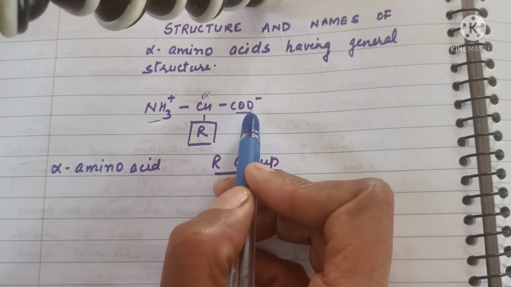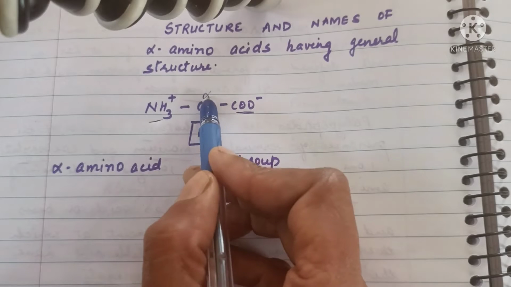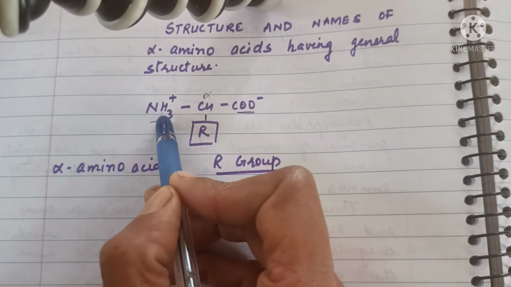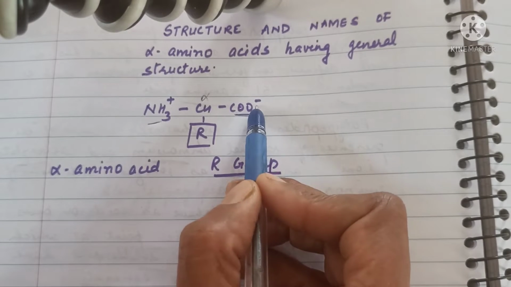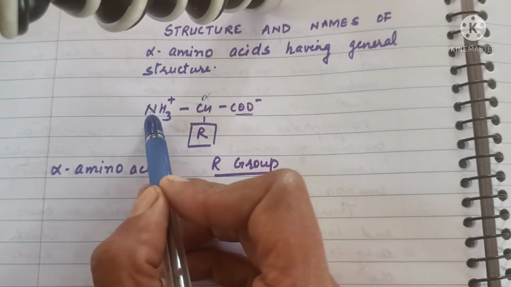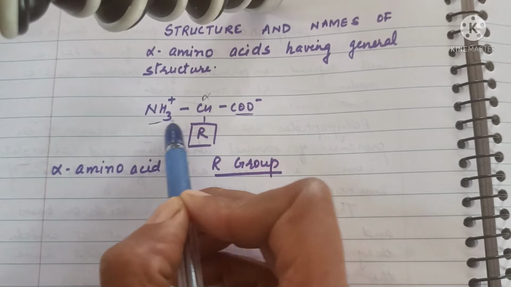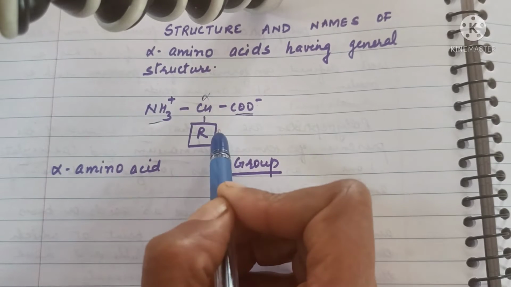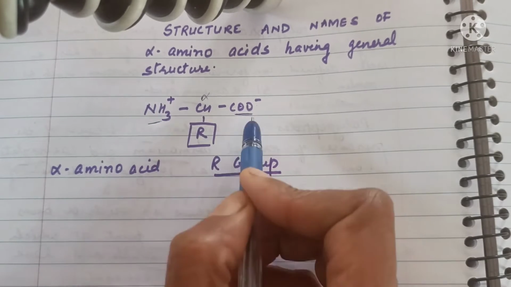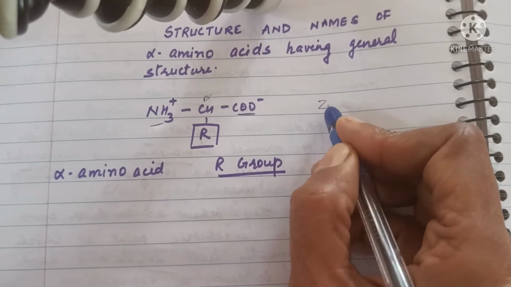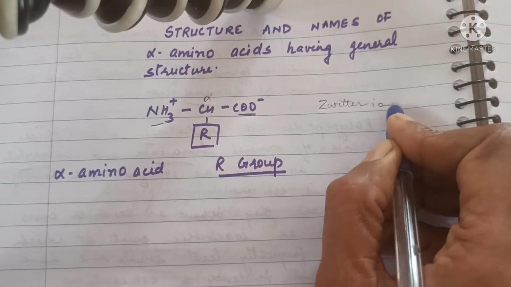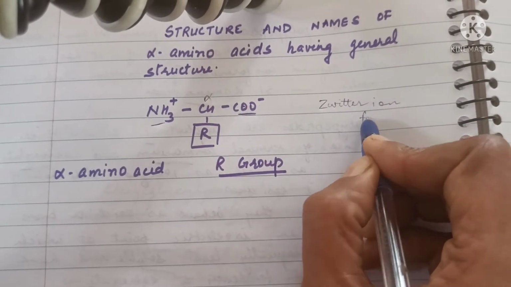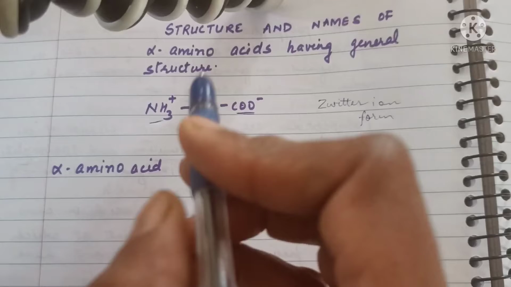So this is the carboxyl group, this is the alpha carbon atom, and an amino group NH2 is attached here. In ionic form, the H is given by COOH to the NH2 part so that we can write down the structure of the amino acid in zwitterion form. All the structures that we'll be writing will be in zwitterion form.